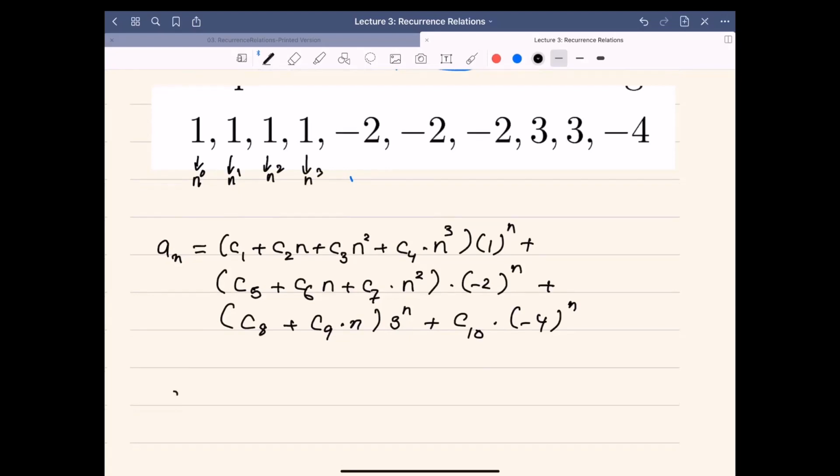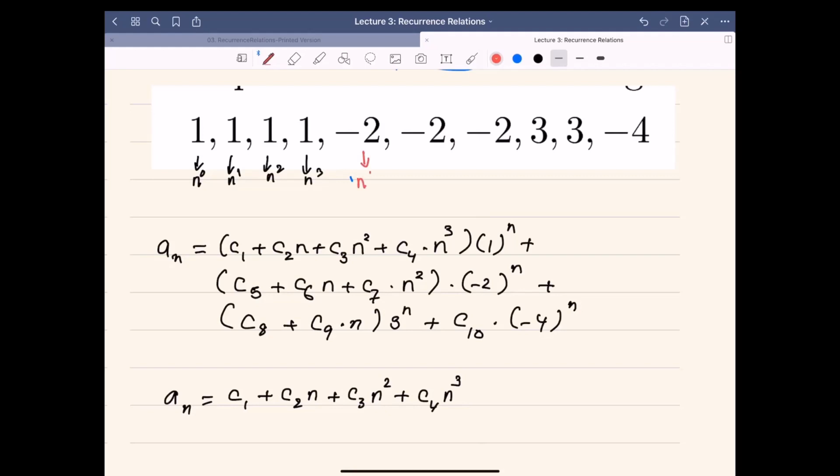So for this root, the first constant will be multiplied by n raised to power 0, which is 1, and multiplied by 1 raised to power n, which is 1, plus c2n plus c3n squared plus c4n raised to power 3. And we can do the same for minus 2.